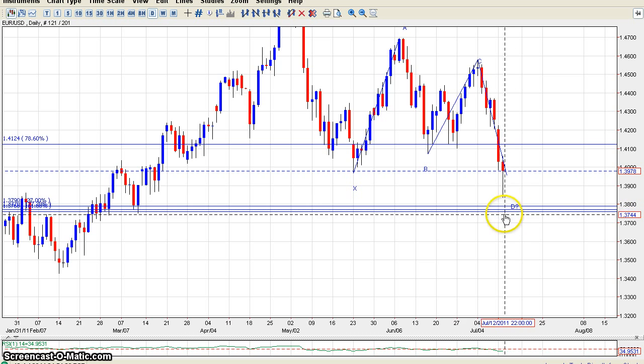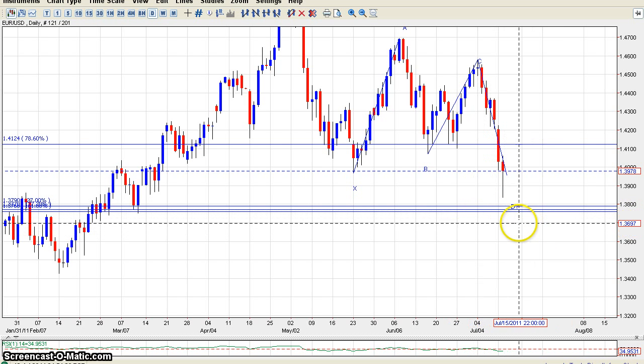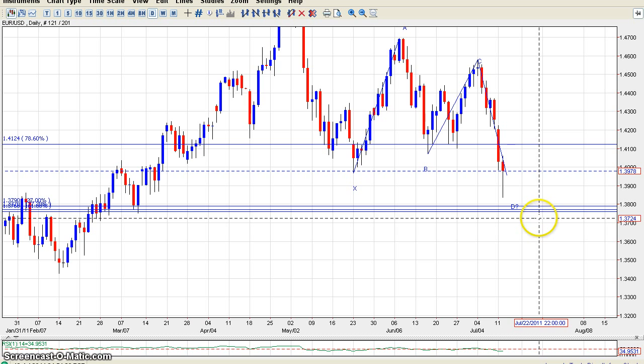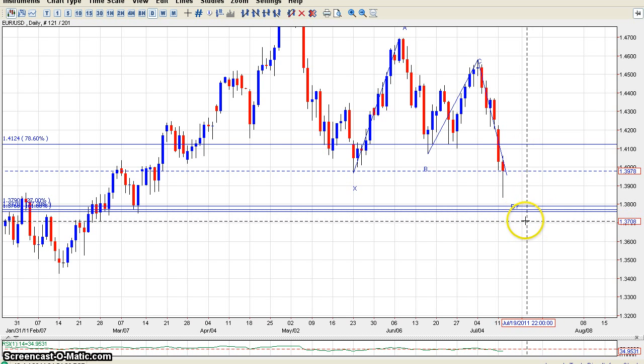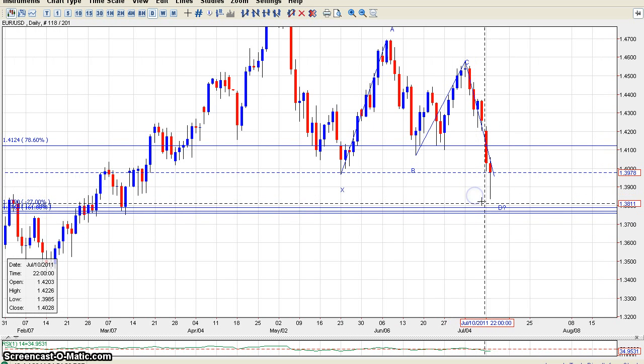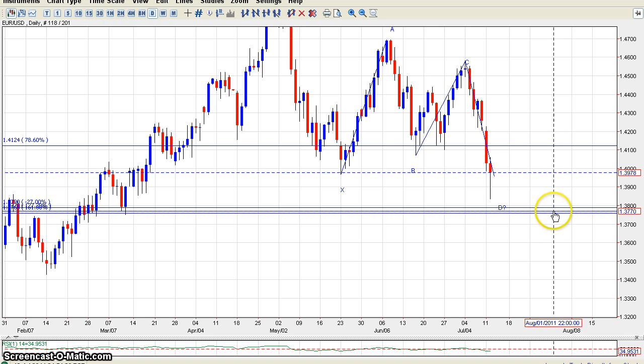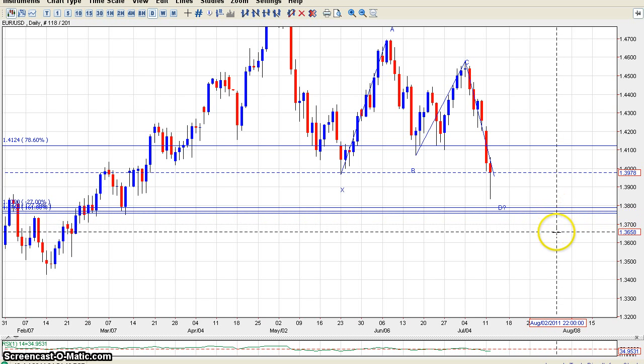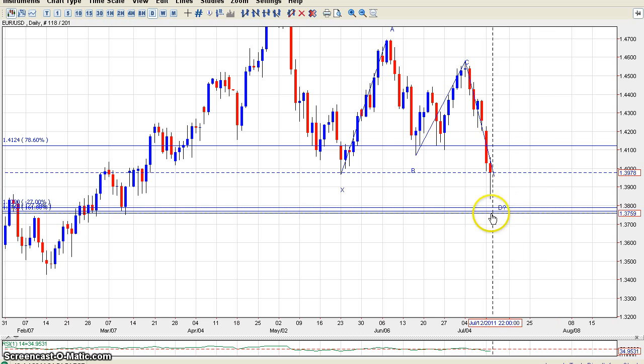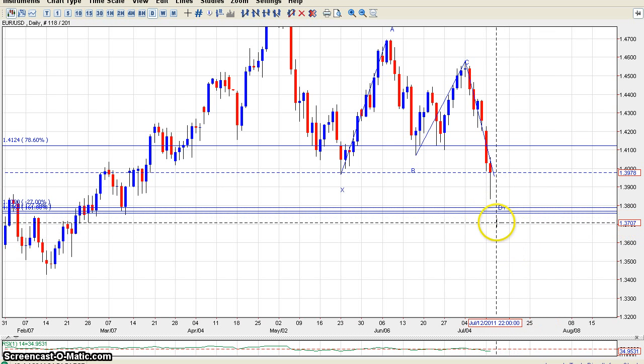So I'm going to leave enough room here for any erratic price action. Obviously, if you have two daily candles close below this level, then this pattern will be invalidated. But as of now, I'm looking to go long at 1.3770.